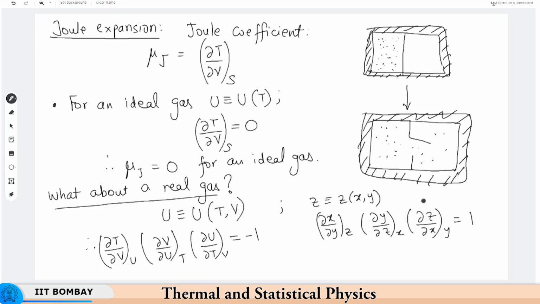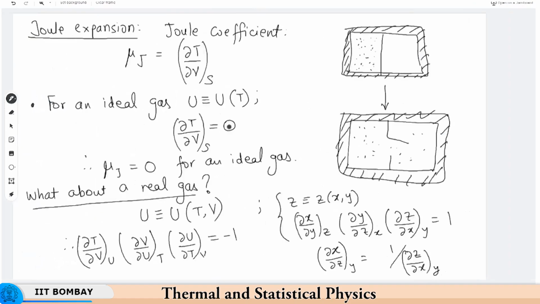And now this is the reciprocity theorem, and now we are going to apply what is known as the reciprocal theorem, right. And that basically tells us del x by del z at constant y equals 1 divided by del z by del x at constant y, right. So, this is the reciprocal theorem. So, we will apply this theorem in this equation, and we can rewrite it as follows.